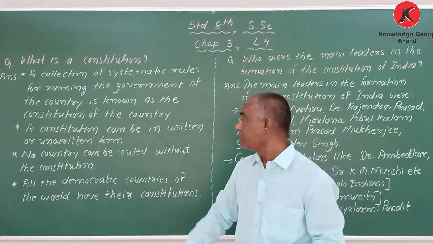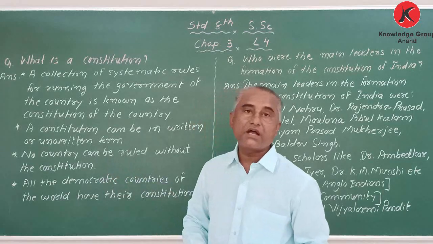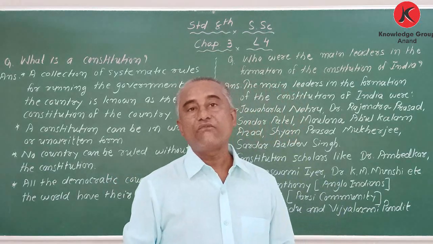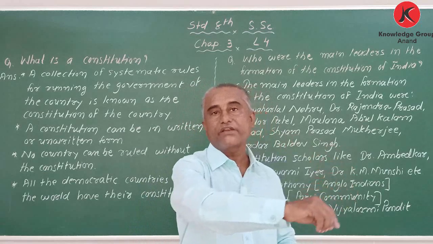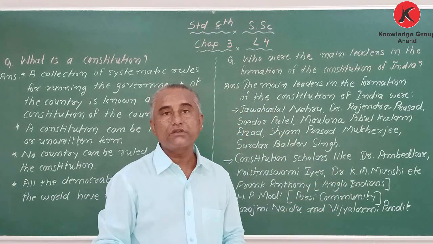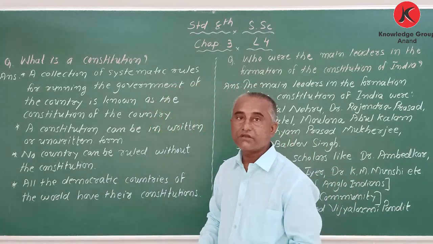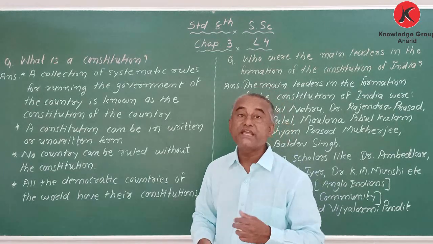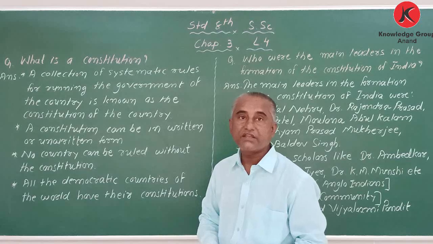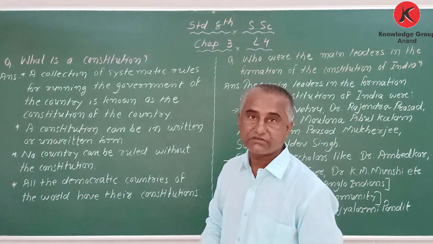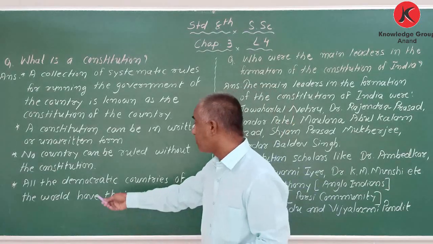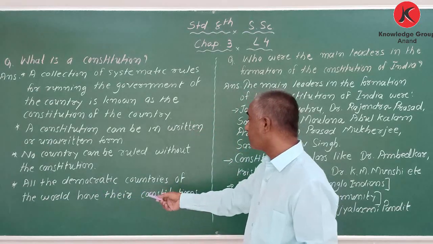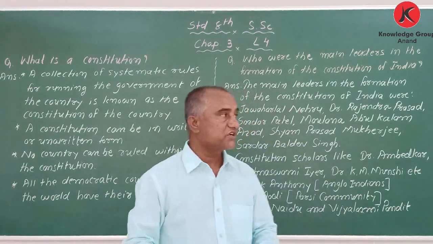Third point, no country can be ruled without the constitution. Fourth point, all the democratic countries should have their own constitution. India is one of the biggest democratic countries, and all the democratic countries in the world have their constitutions.